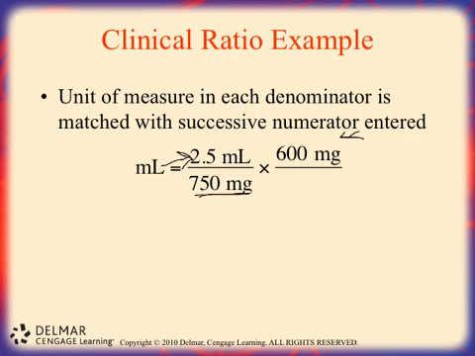Then our denominator here was milligrams, so our next numerator has to be in milligrams. As you recall, 600 milligrams was what we needed to deliver. So our equation so far is milliliters equals 2.5 milliliters over 750 milligrams times 600 milligrams, and then we'll move on to the next slide.